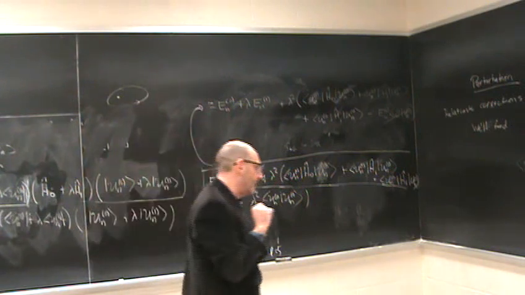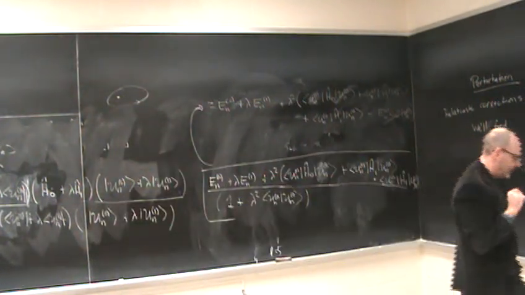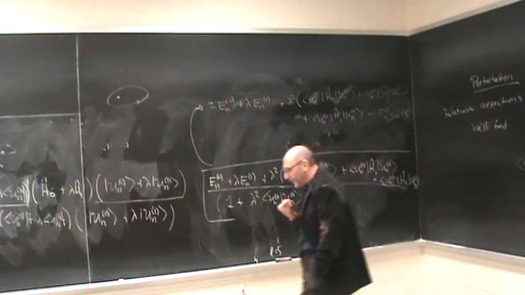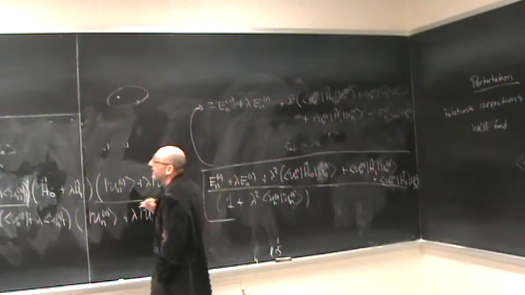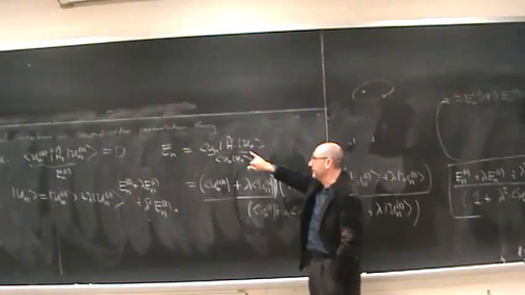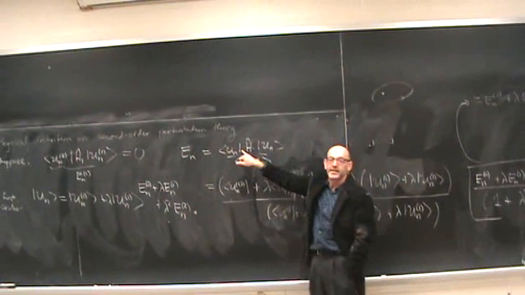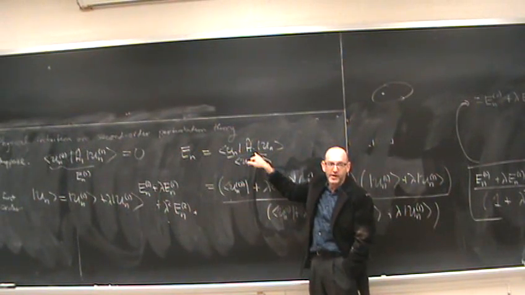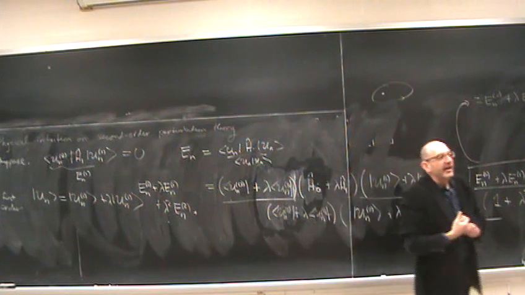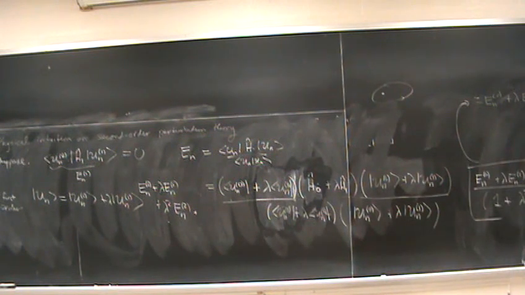But let me just emphasize the main physics point here, which is that each order of perturbation theory can be thought about in this way. To 0th order, I just have the expected value of the Hamiltonian to 0th order. That perturbation can also change the state.